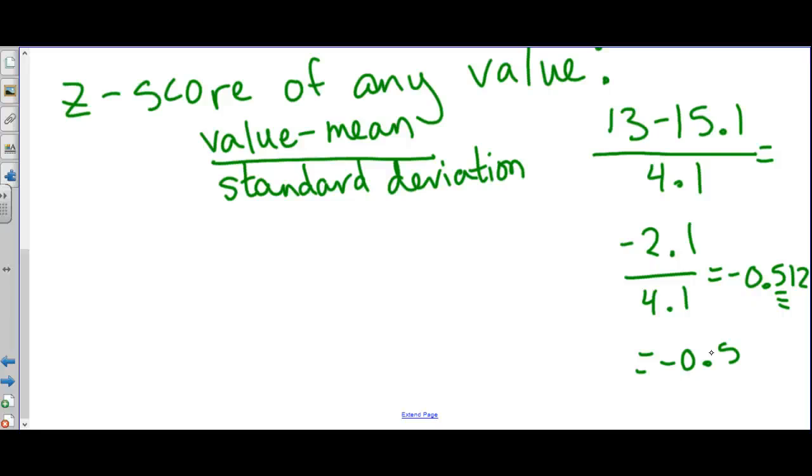So that is all the topics they cover in the standard deviation section. We found the range by doing highest minus lowest. We found interquartile range by doing quarter 3 minus quarter 1.